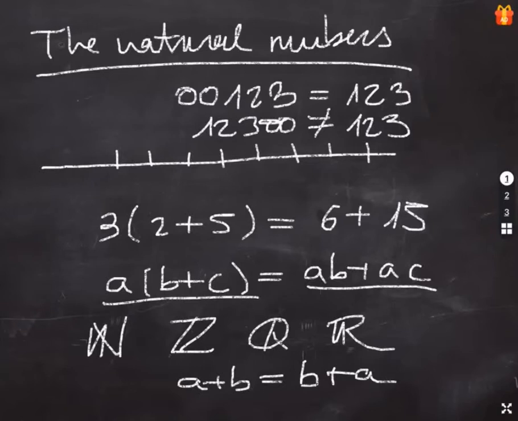The way that Tao in his book introduces the natural numbers is a wonderful way to move forward and have a deep, or at least, let's say, a deep beginner's look at set theory.